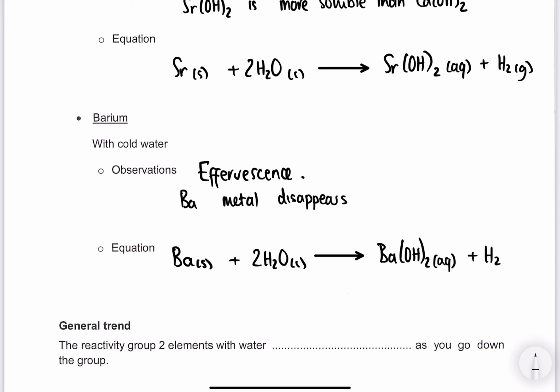It's reacting with the water to form a colourless solution. Very soluble. So if I just put barium hydroxide is soluble.